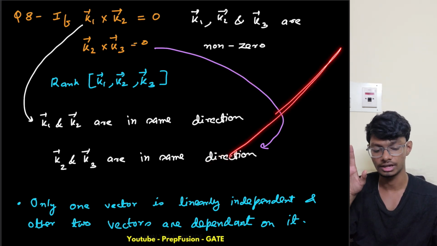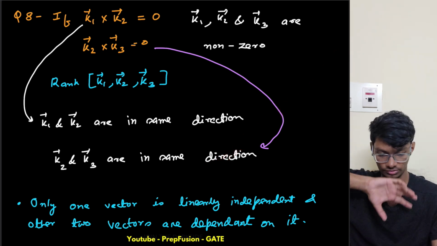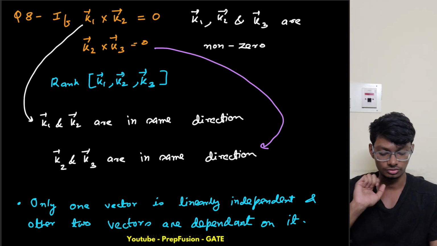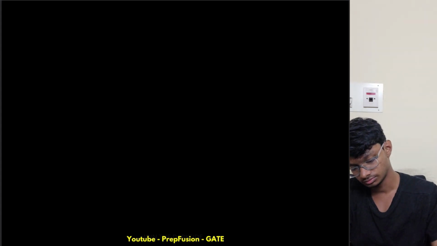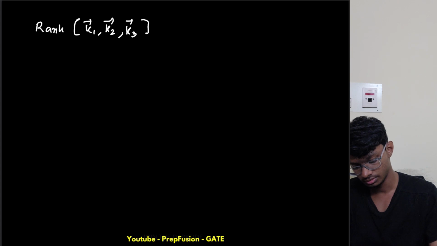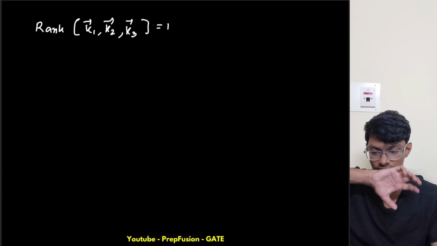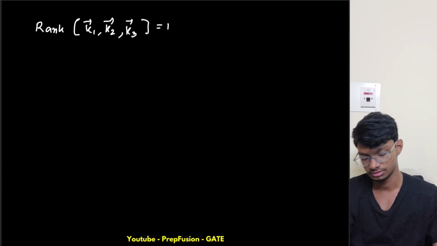So the rank of k1, k2, k3 will be 1 only. Also you can say that the three vectors are collinear, or parallel with each other.